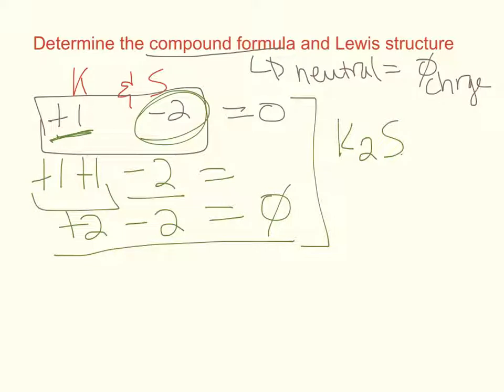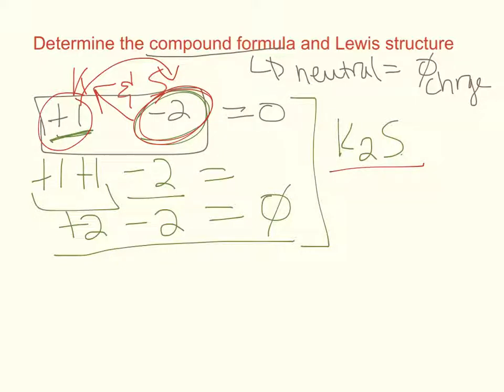We give the 1 from potassium to sulfur, and the 2 from sulfur to potassium, giving us K2S. We're not crisscrossing the charges themselves, but the numbers of the charges, just to neutralize it. That's another quick method to check that you're on the right track.